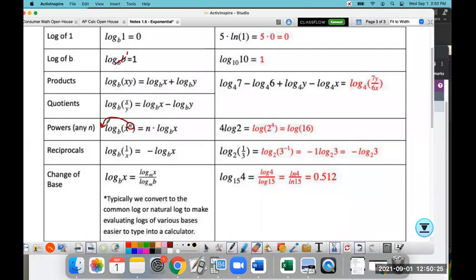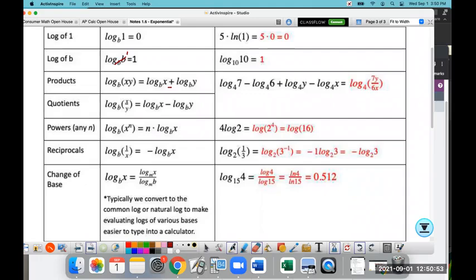So if you notice, we basically have addition and multiplication going together, subtraction and division, and then powers and multiplication going on together. All right. Moving on to the last two here.